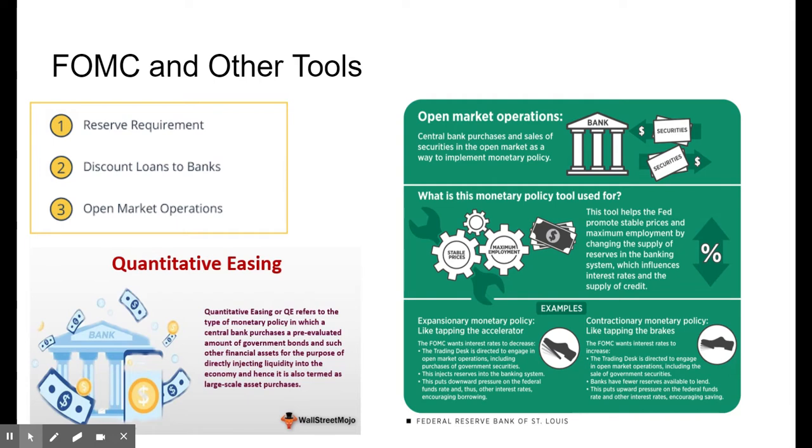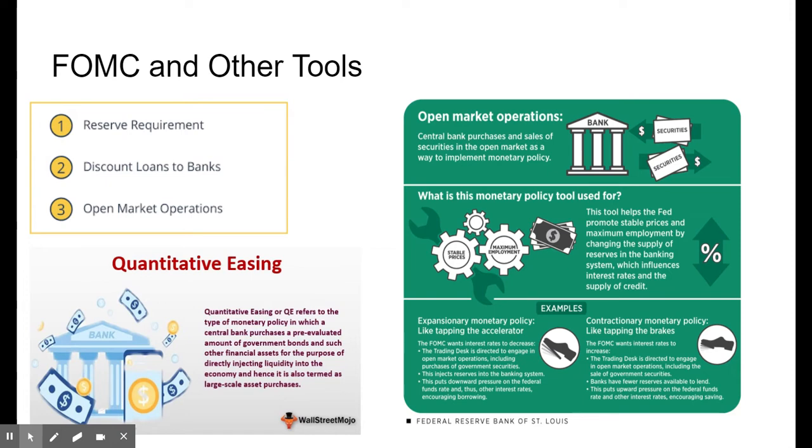They're purchasing the bonds, they get the bonds, and they're giving the money to the Federal Reserve. So banks have fewer reserves available to lend and it also puts upward pressure on the federal funds rate and other interest rates, of course, which means that people are going to be less encouraged when it comes to getting loans to purchase things, and so less purchasing will happen and so on.